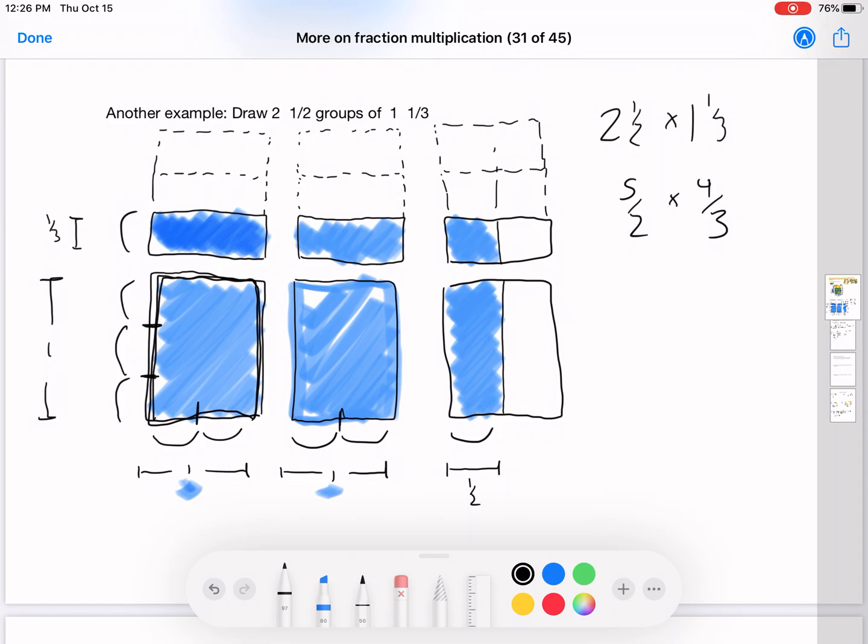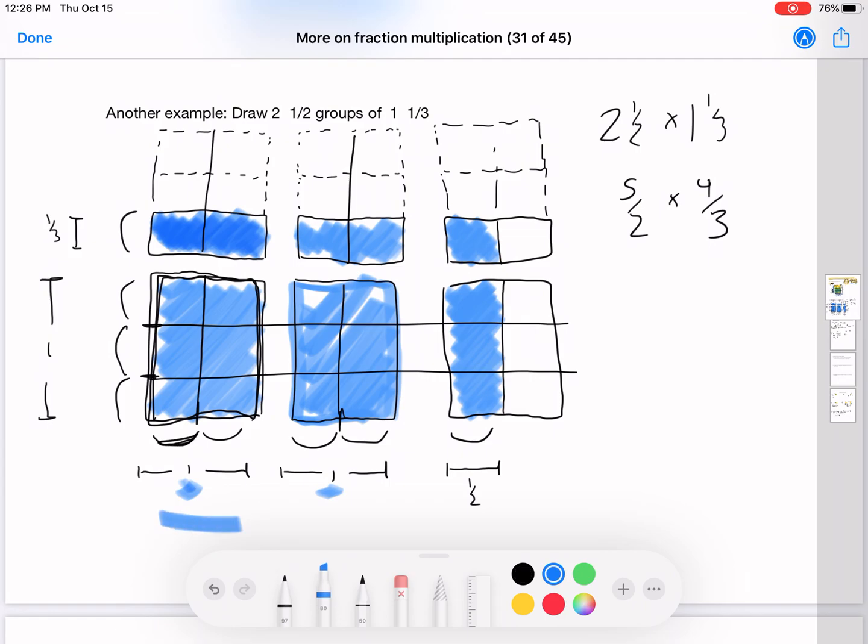Now, if I were to chop all of my pieces into the same size all the way across: here I had chopped my pieces into 2 pieces so that each one was a half, and here into 3 pieces so that each one was a third. But when you chop it into 3 pieces this way and 2 pieces this way, each box now represents a sixth.